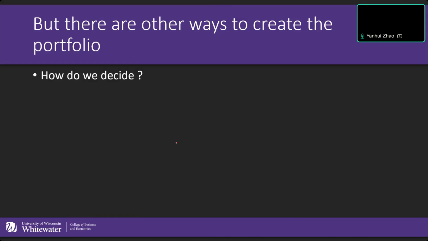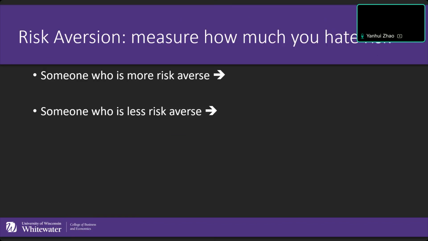Okay. And I think that you can see that even in our class, we have around 40 people, right? But everyone chooses a different allocation percentage. This is all determined by the degree of risk aversion. It matters how much you hate risk.